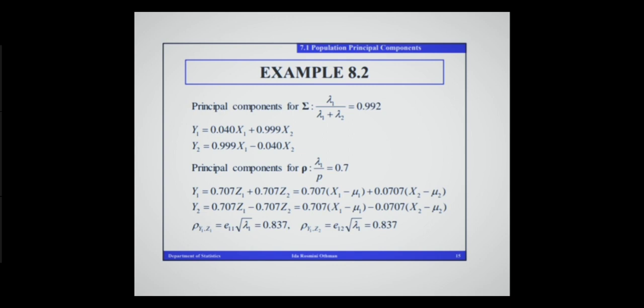So we use rho if the measurement for X is different. If the first variable is measured in kilograms and the second variable in cm, it is appropriate to use rho, the correlation matrix, to find the principal component.